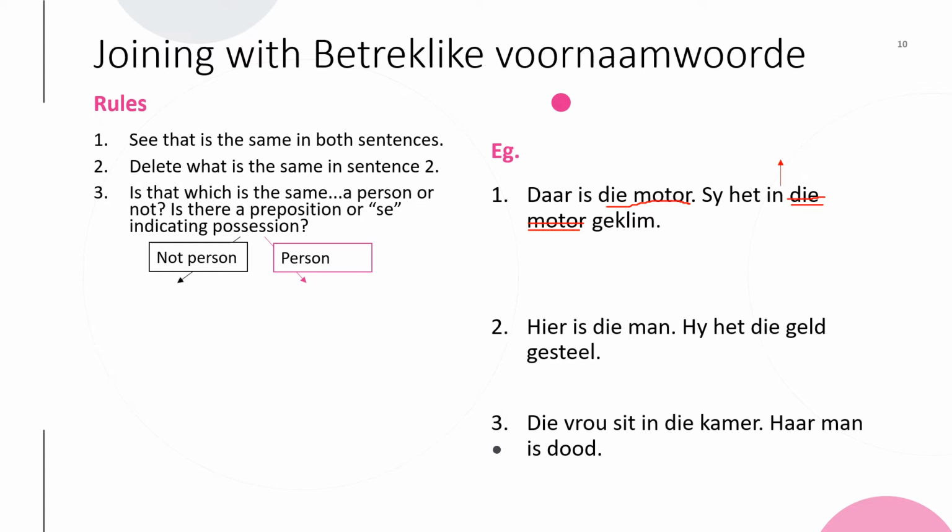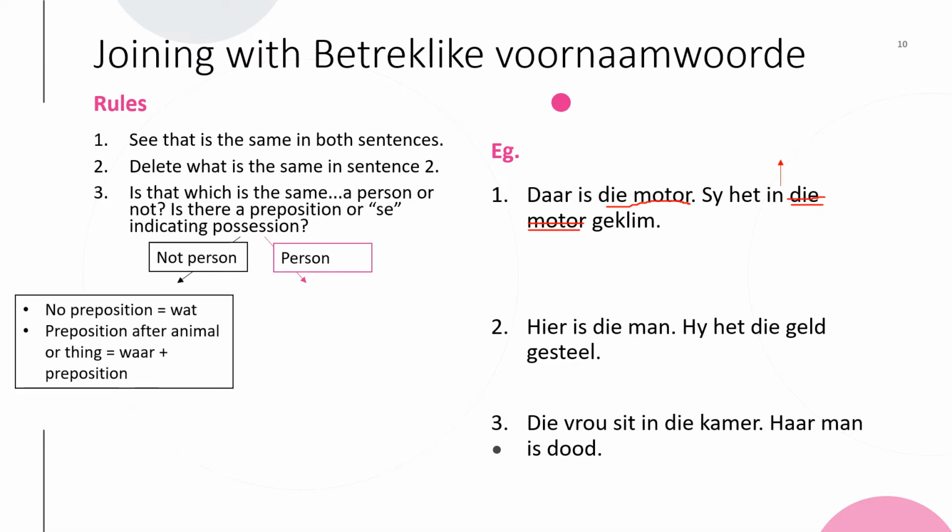Right, so now we're going to look. Are we going to use wat or waar and a preposition? So if there's no preposition, we are going to use wat. But there is a preposition. The preposition before the object is in.